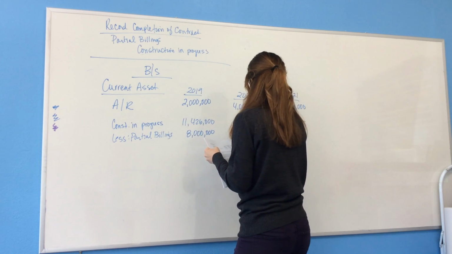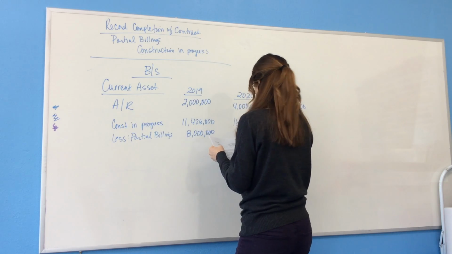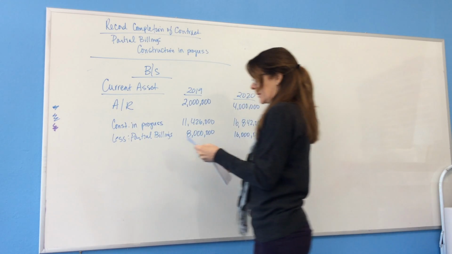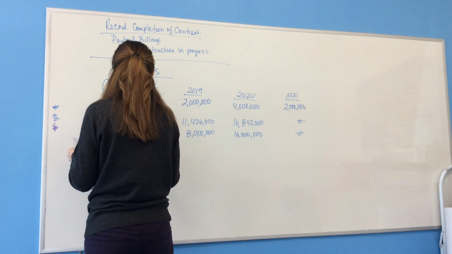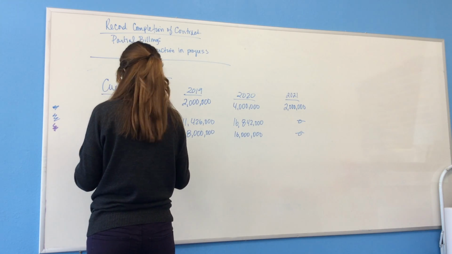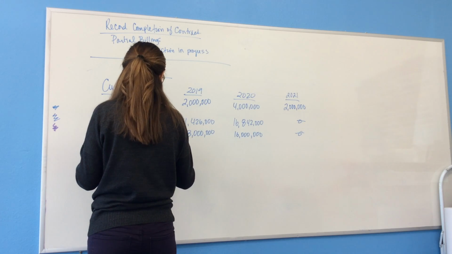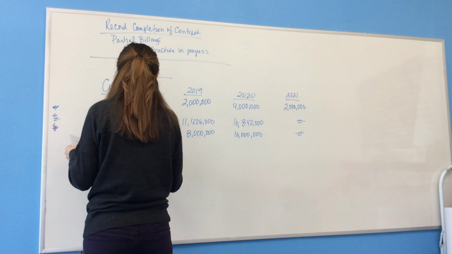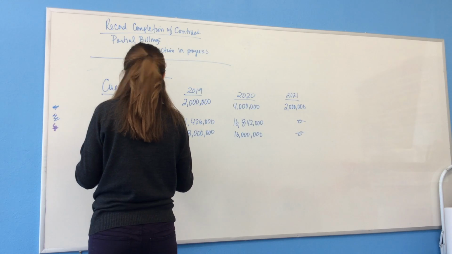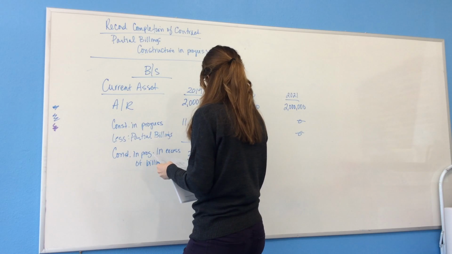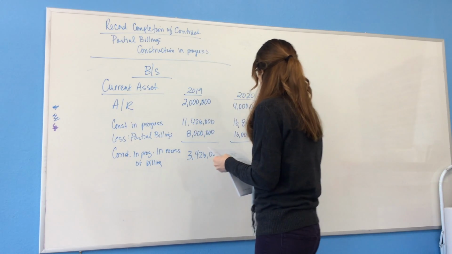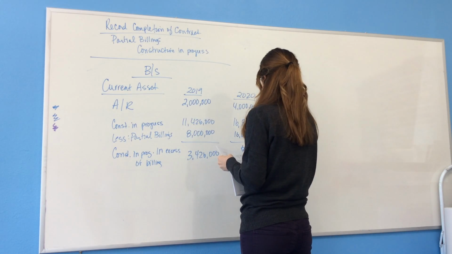In 2020 it was 16 million. And then here of course it was 0. So my construction in progress in excess of billing is the difference here, so 3,426 and 842.